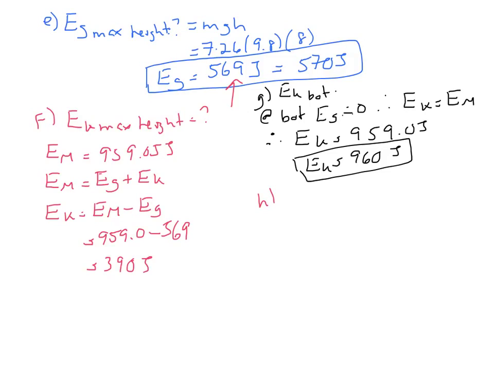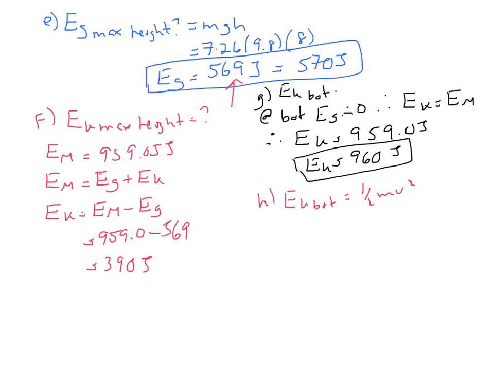H. Apply the law of conservation of energy to determine the final speed of the shot. Well, we know the final speed is going to be the highest speed, right, just as it strikes the ground. So we know at that point EK bottom is going to equal 1/2 mv squared.